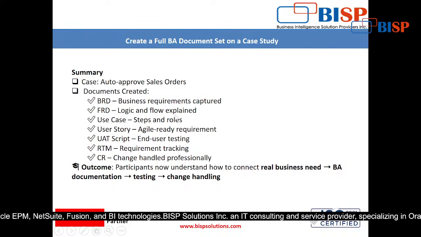So 7 points are there, and 2 days per document, so 14. That means at least minimum 2 weeks of tasks is this. Okay, so the business analyst has to explain all these things.